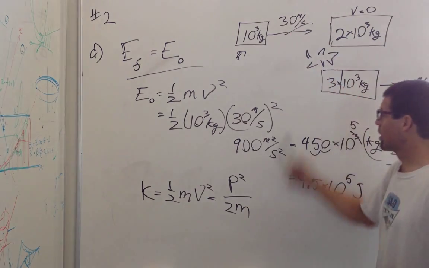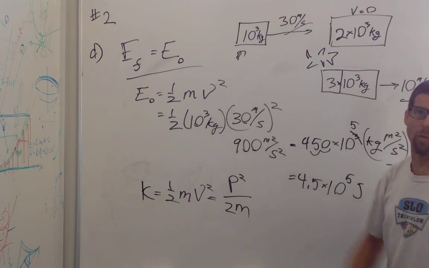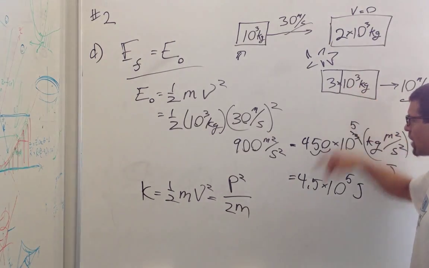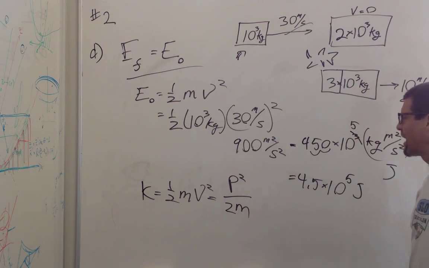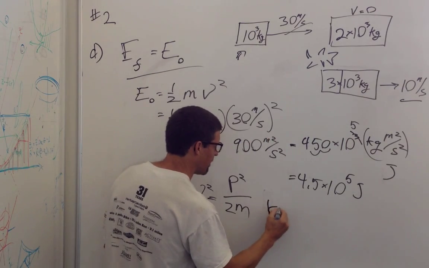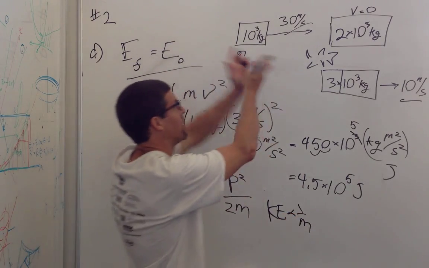And so you can say, look, I know the momenta of these are the same because I conserve momentum. And so the mass goes up by a factor of 3. The kinetic energy must go down by a factor of 3. I can say kinetic energy is proportional to 1 over the mass in this situation, in the collision.